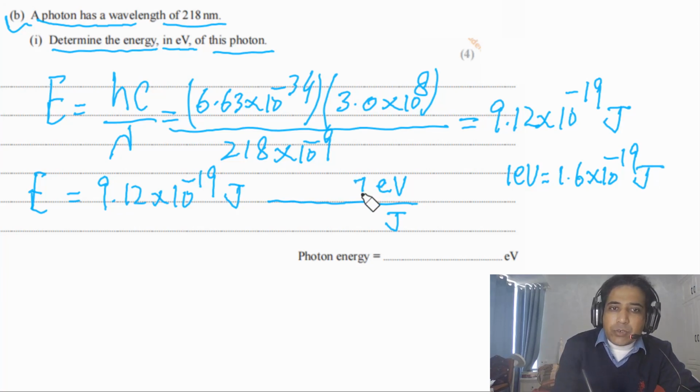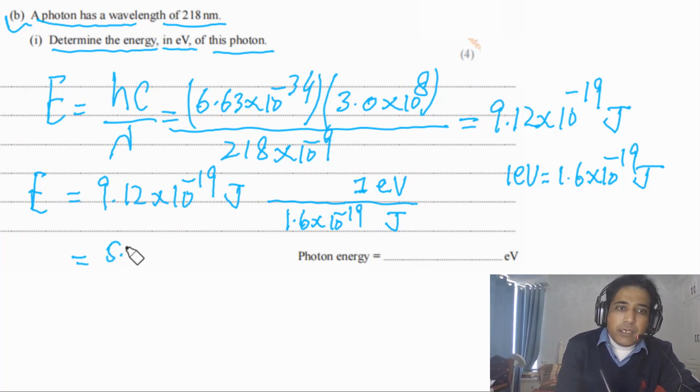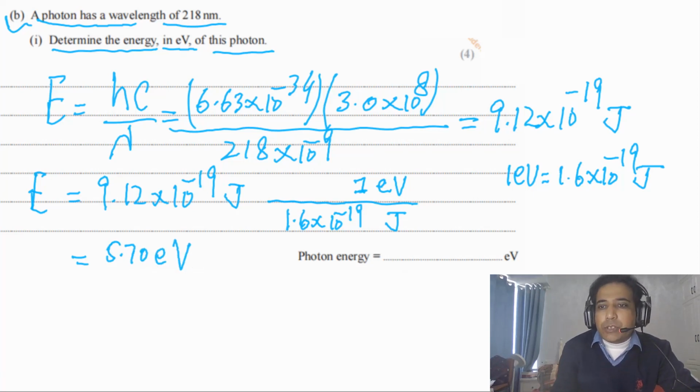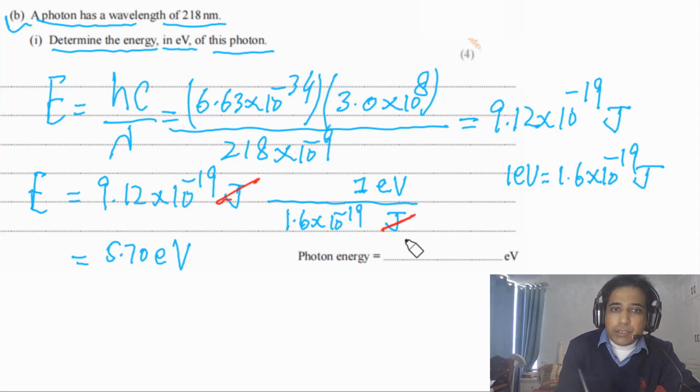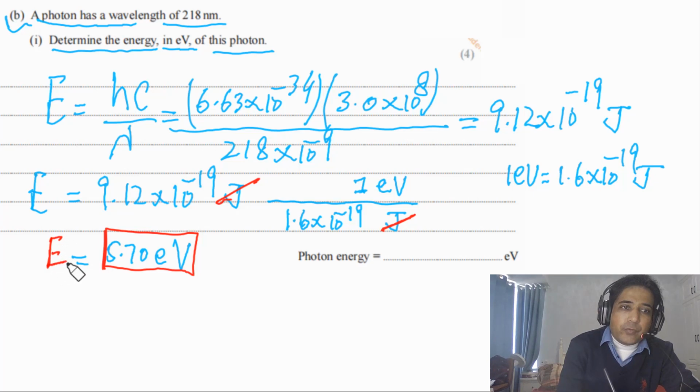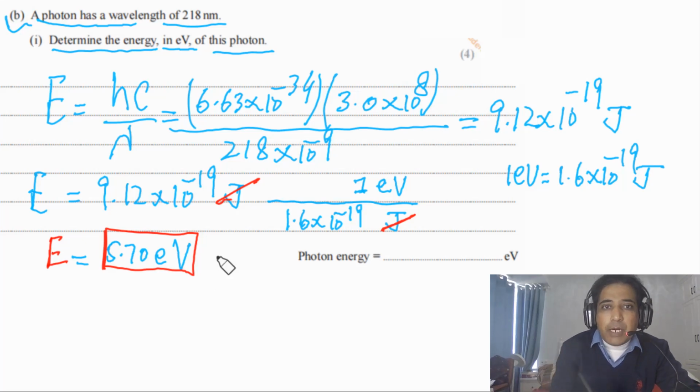So we multiply by 1 electron volt and divide by 1.6 times 10 to minus 19 joules. Now if we solve this one, we will get our final answer, 5.70 electron volts. So this is how you can convert. Joules and joules will cancel. This is our final answer in electron volts. And this question has 4 marks. So if you have written all these steps, you will get 4 marks.